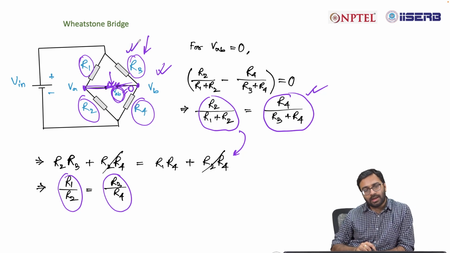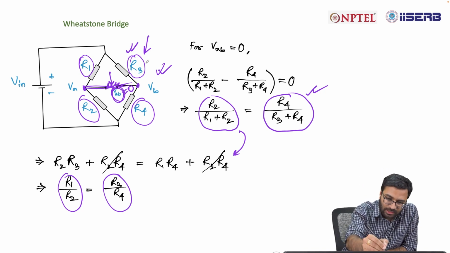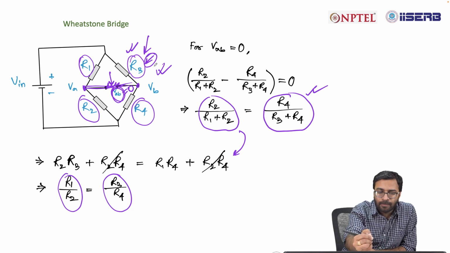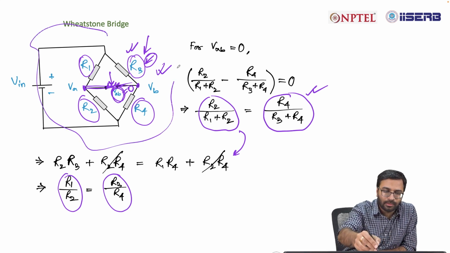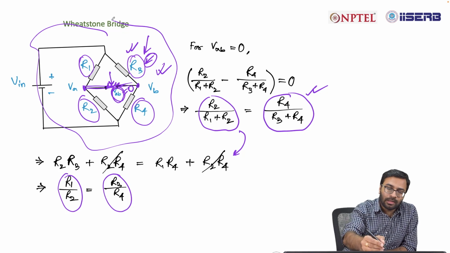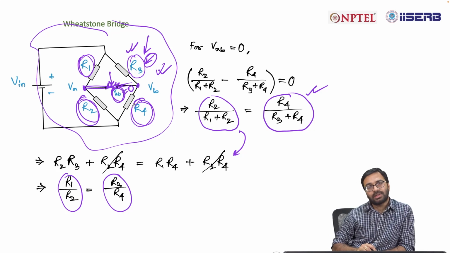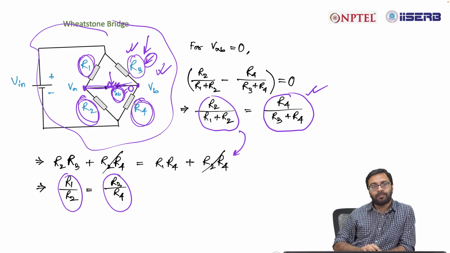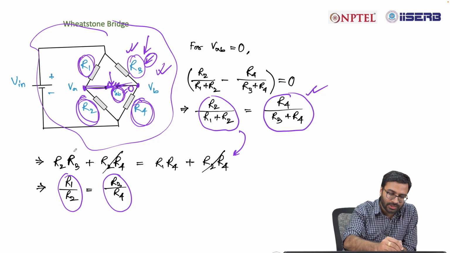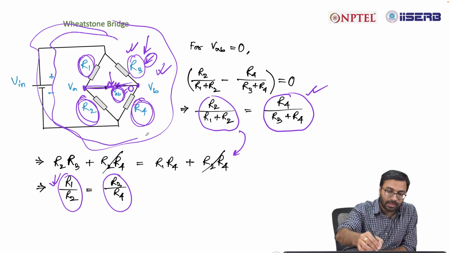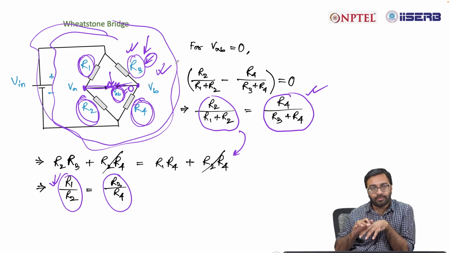Now the advantage of that particular configuration is, say if this resistive sensor is sensitive to any other environmental parameter, then these other resistors also will be sensitive to the same environmental parameters, and because your bridge is balanced, the factor due to these environmental parameters will get cancelled.